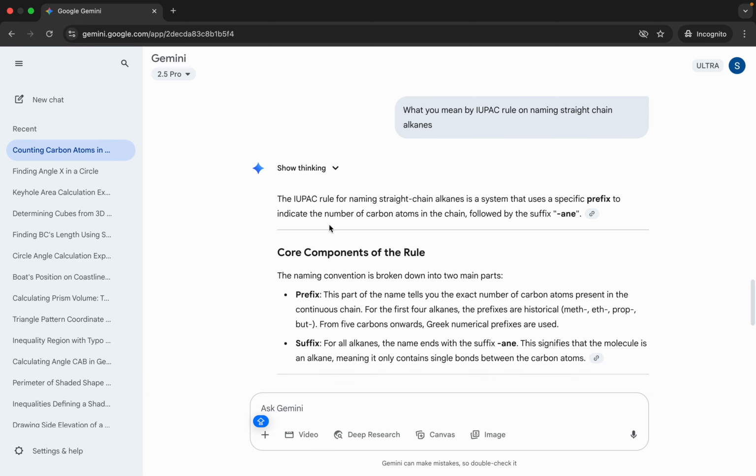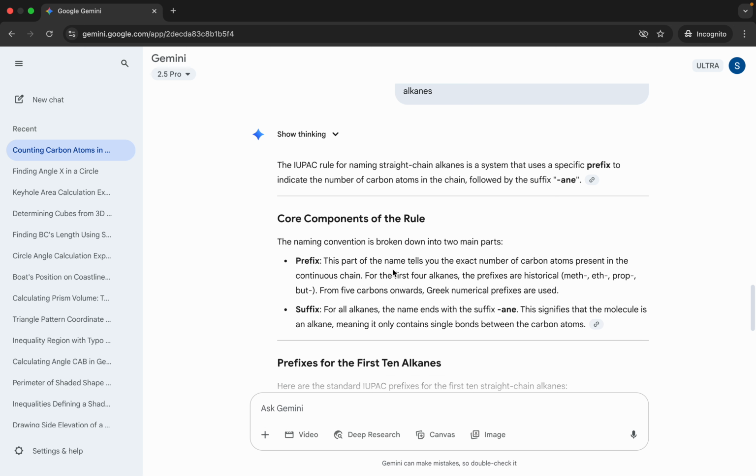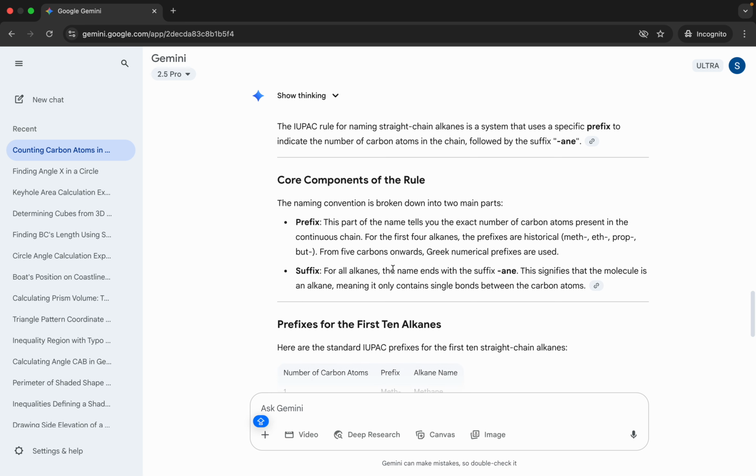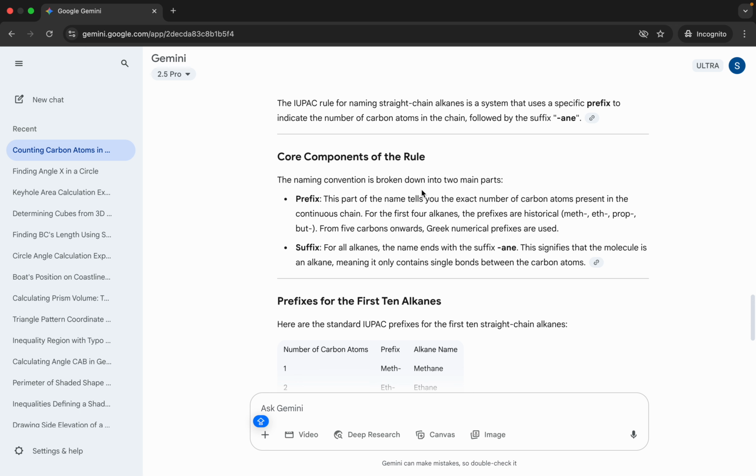The IUPAC rule for naming straight chain alkanes is the system that uses a specific prefix to indicate the number of carbon atoms in the chain, followed by the suffix "ane". The core component of the rule is that the naming convention is broken down into two main parts.